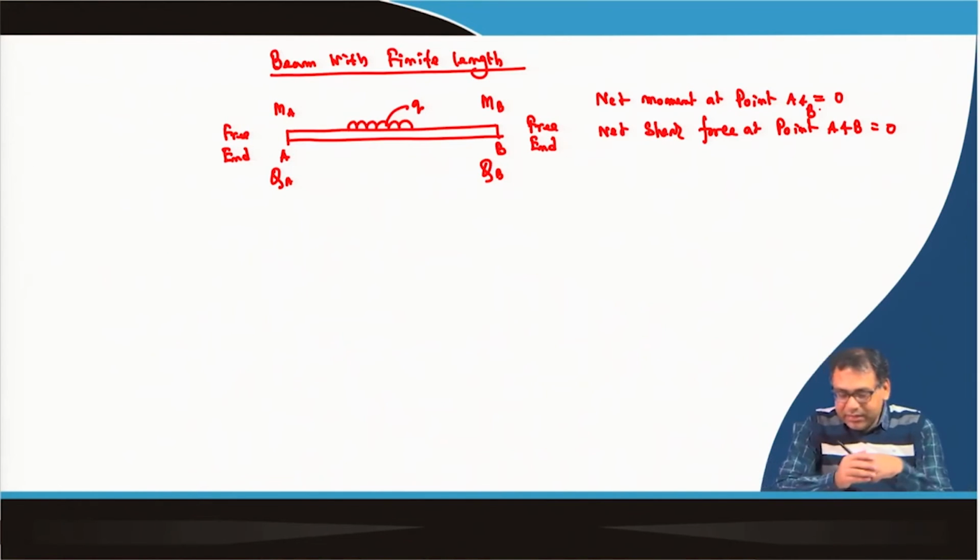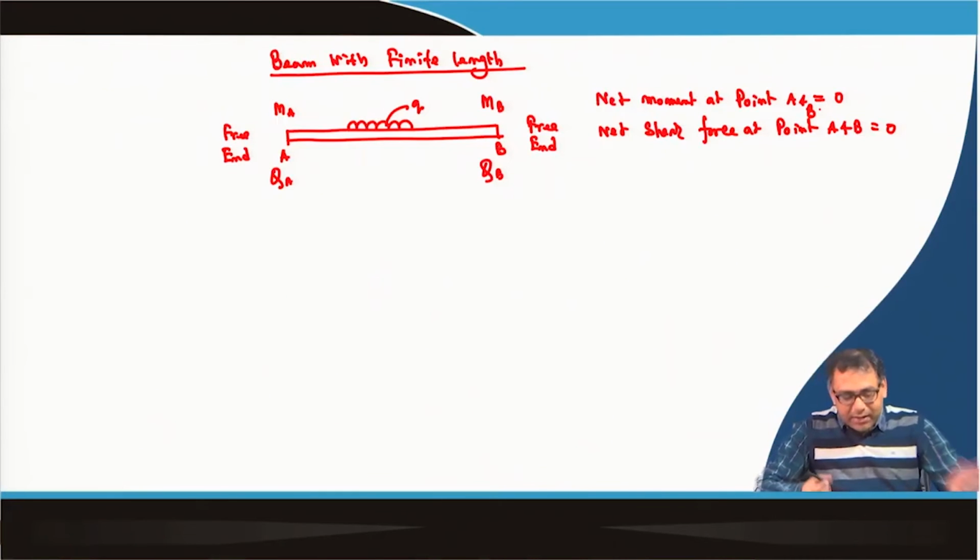So, that means because of this external UDL, moment and shear force will be induced at points A and B if I consider the beam as an infinite beam, but actually this is a finite beam with free ends.